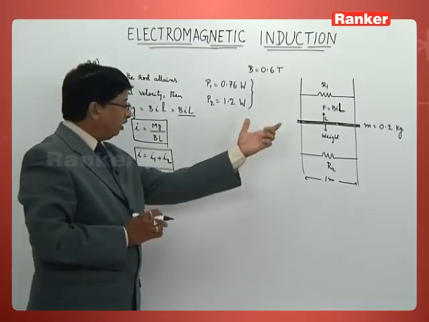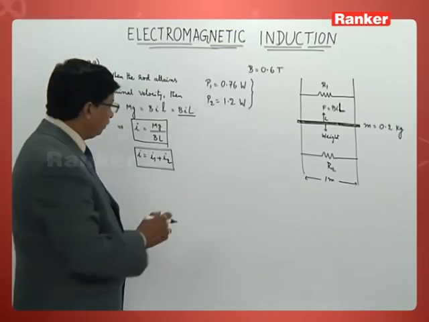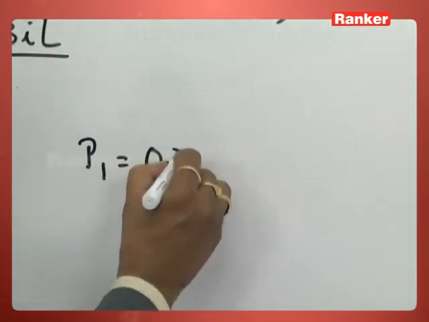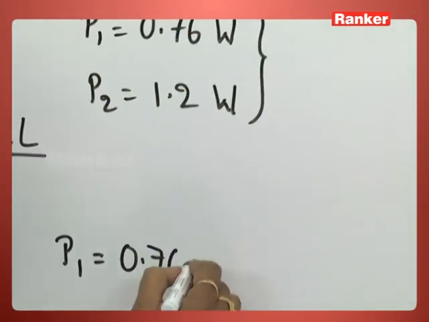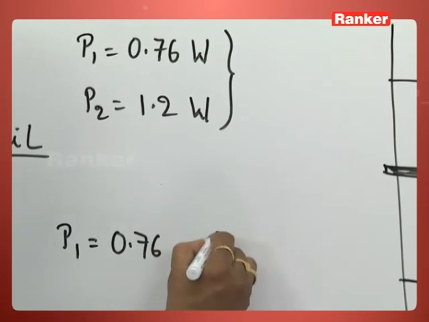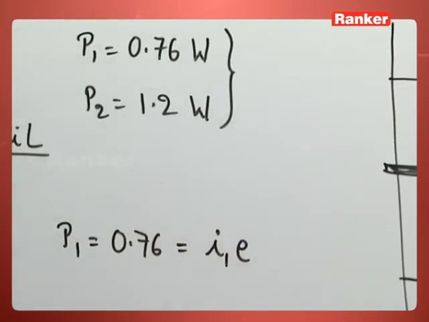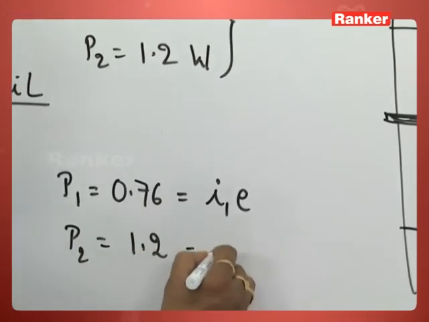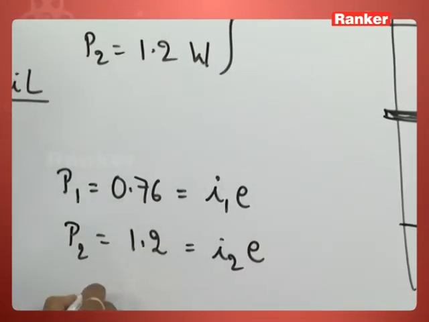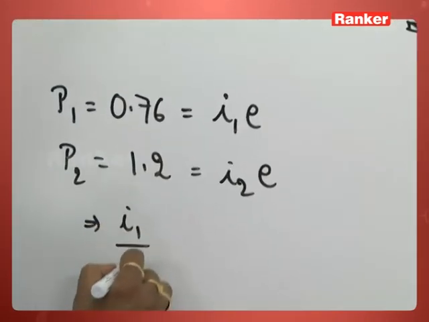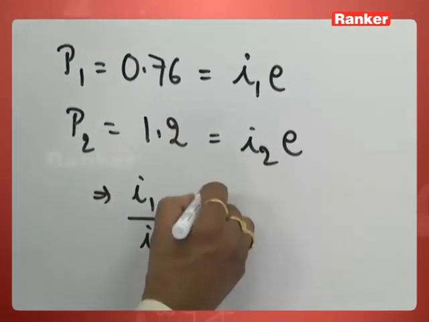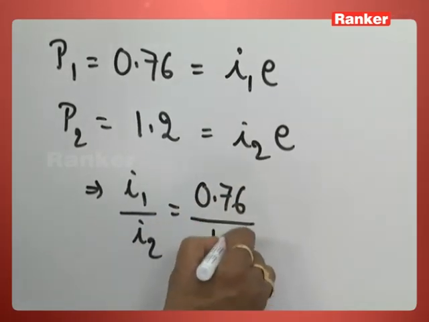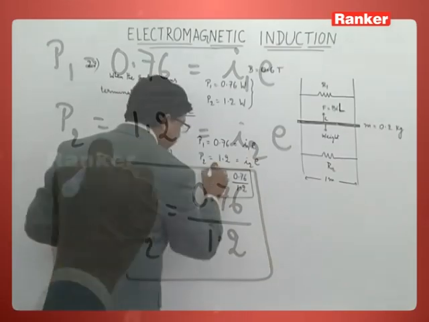When EMF across the system is constant, you can understand power 1, which is 0.76, is equal to I1 into E, and power 2, which is 1.2, that is I2 into E. So what I can write now? I1 by I2 is equal to 0.76 by 1.2.